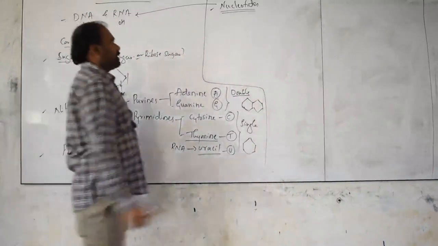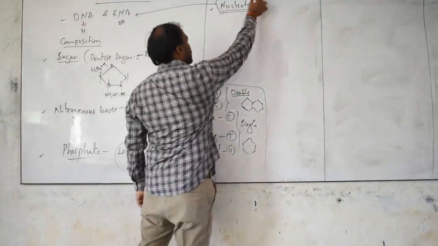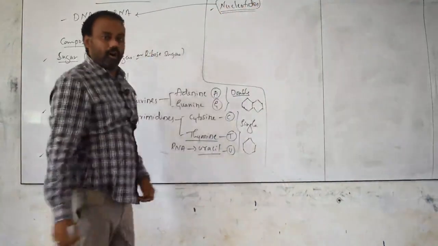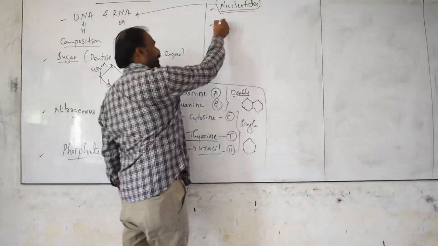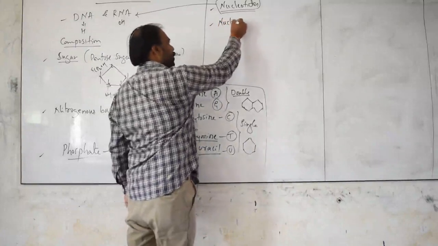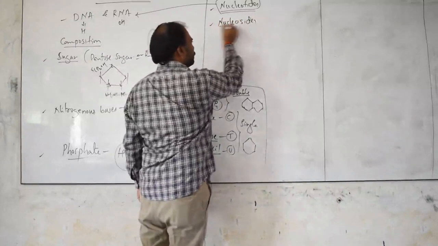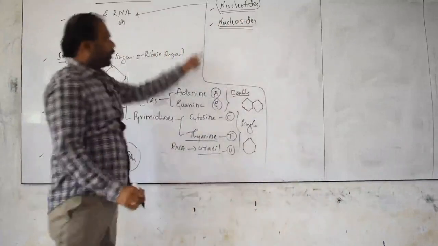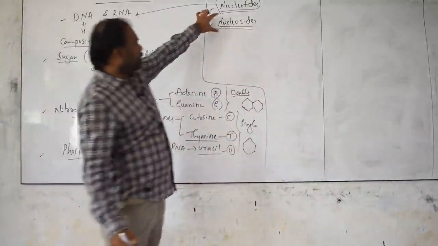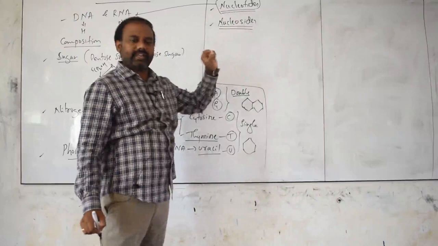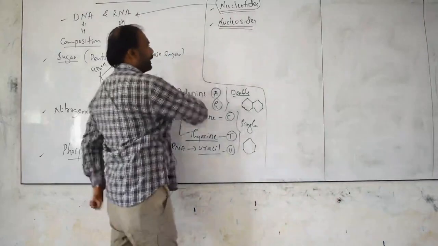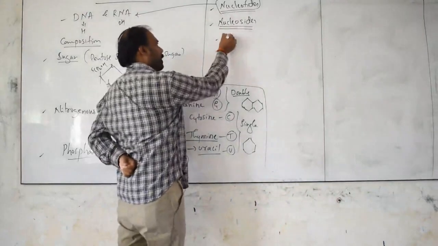And how are the nucleotides formed? Before understanding this, we need to understand nucleosides. How the nucleosides are arranged is important, and here is a very simple formula.